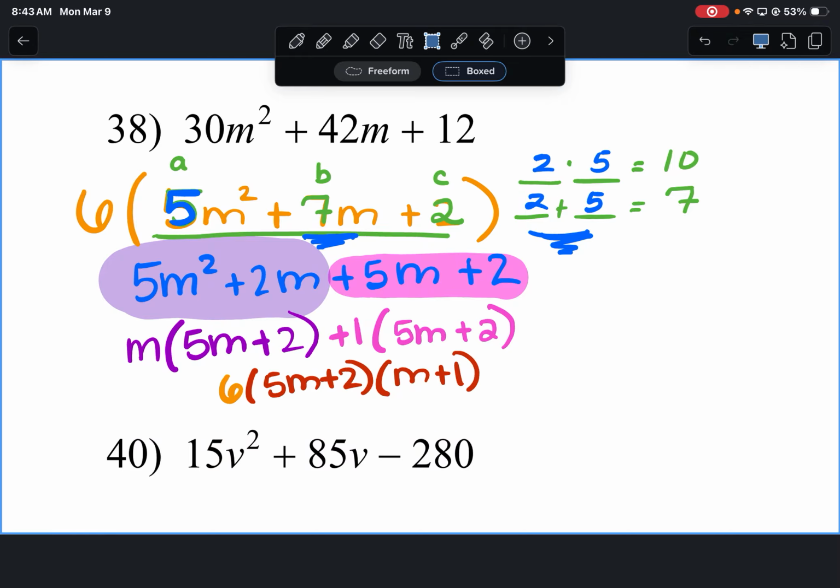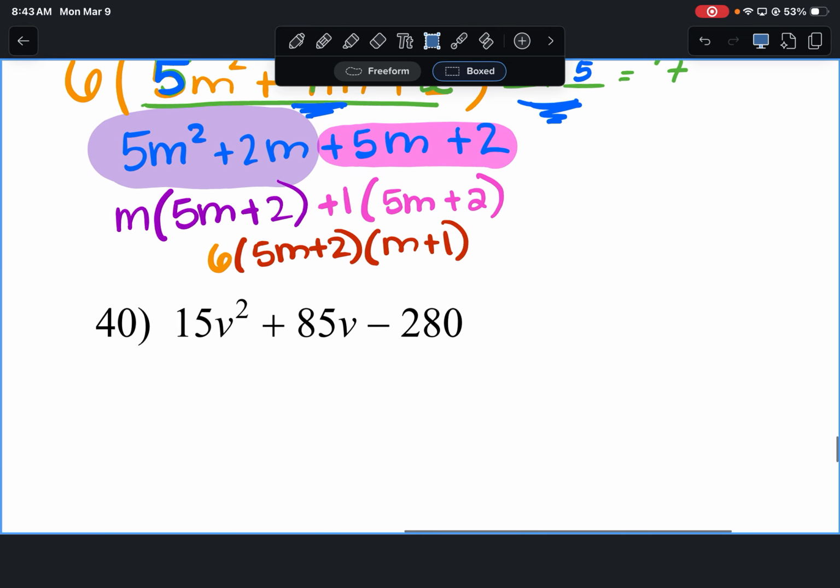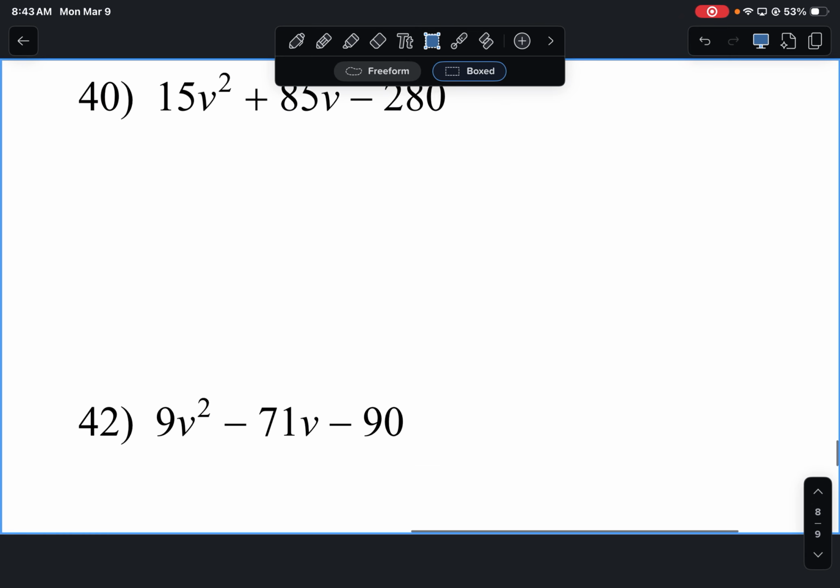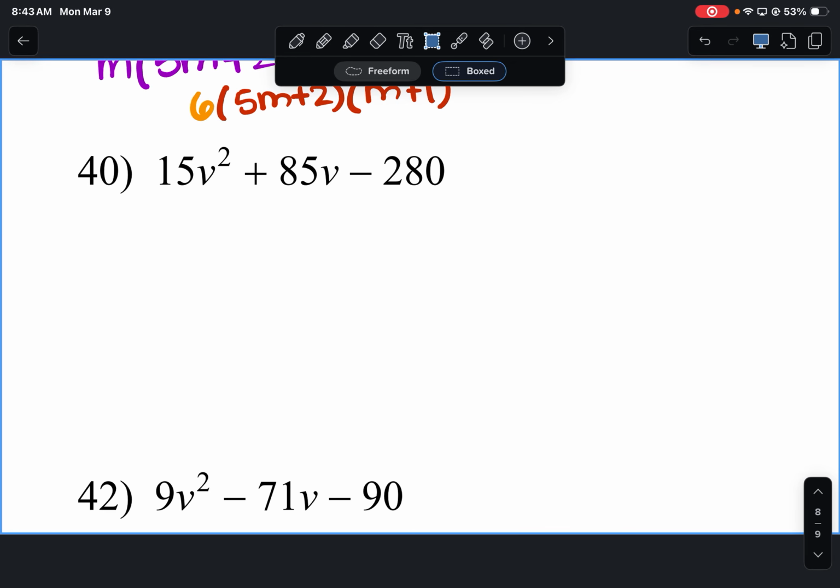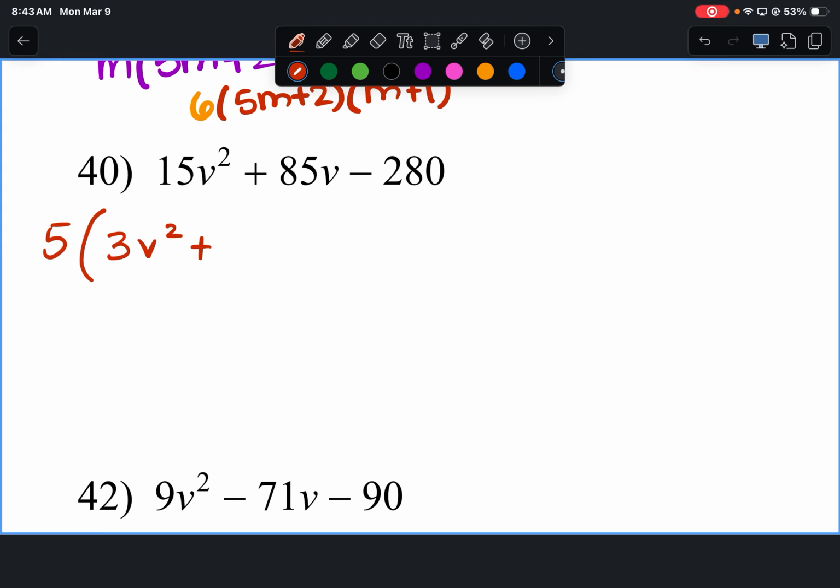All right. We just have a couple more of these. Okay, question 40. 5 is the greatest common factor there. So if we take out a 5, what does that leave us with? 3b squared plus 17b minus 280 divided by 5.